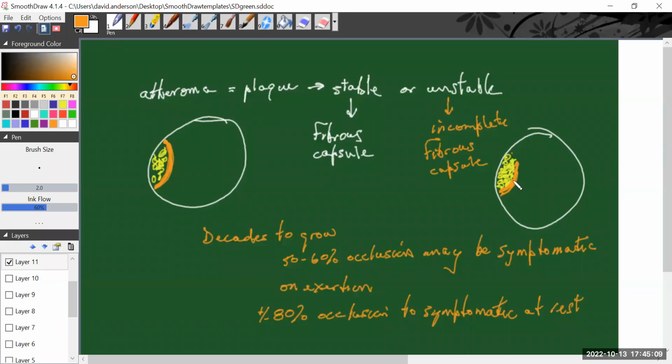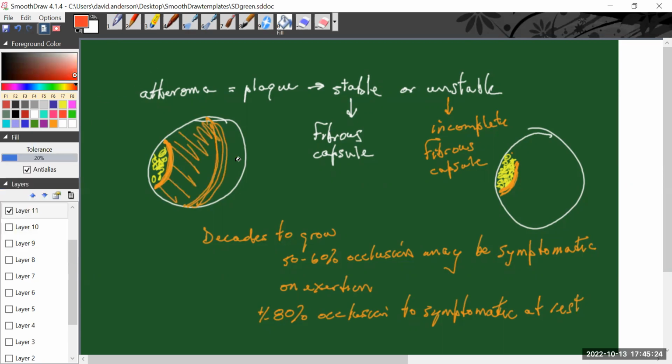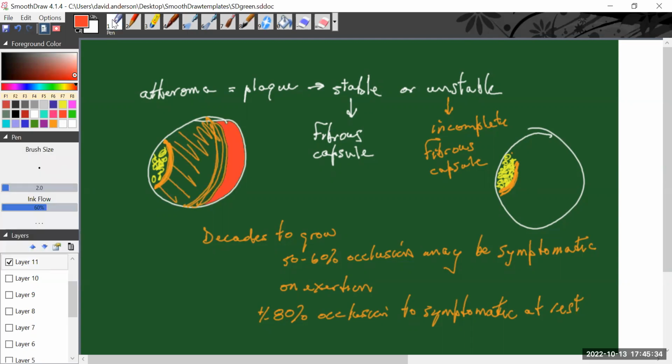So what happens then with a blockage is we get bigger and bigger till the hole is blocked except for, say, 15 or 20% of the blood vessel lumen that is available for blood flow. And in this area that's available for blood flow, there's going to be a lot of turbulence.